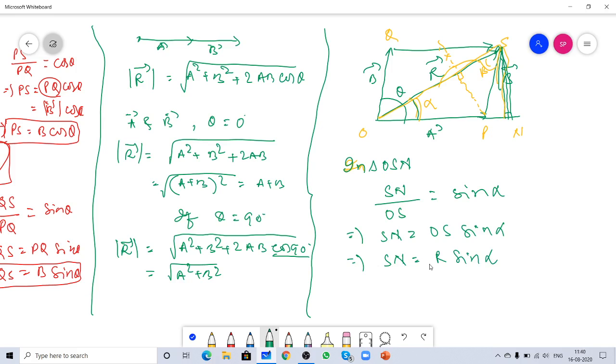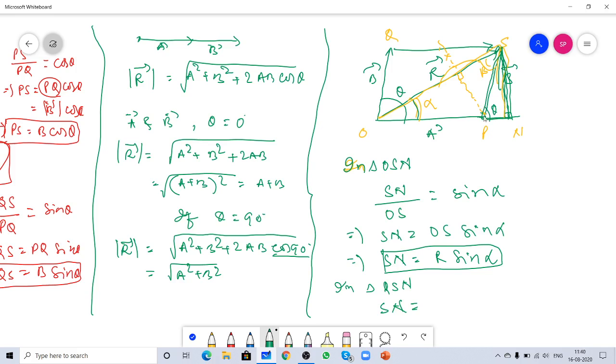Similarly, we can write that in triangle PSN, this small triangle, this is also a right angle triangle, so in triangle PSN, directly I'm writing, this is theta.